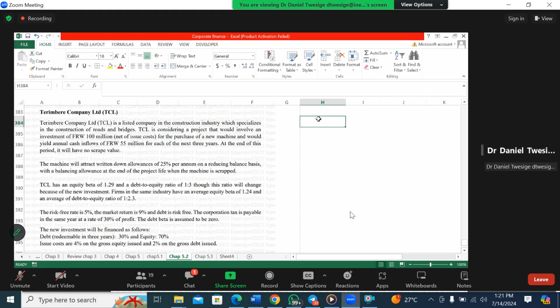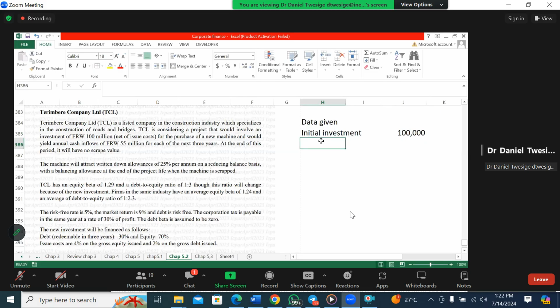So this is our initial investment, or the data given. I have the initial investment, which is 100 million. I'm going to reduce 3 zeros.